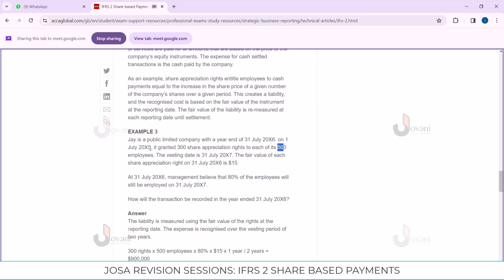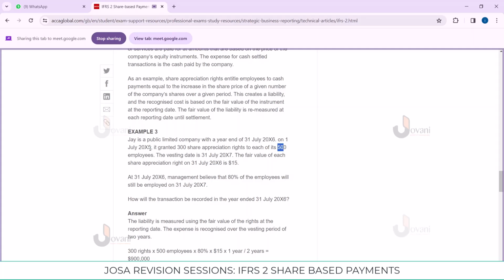How will the transaction be recorded in the year ended 31st July 2X6? Because that is 1 year, these are the things that you should know. As per IFRS 2, when accounting for cash settled payments, the liability should be measured using the fair value of the rights at each reporting date.